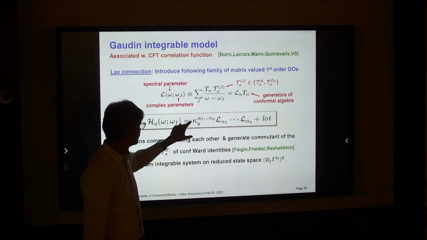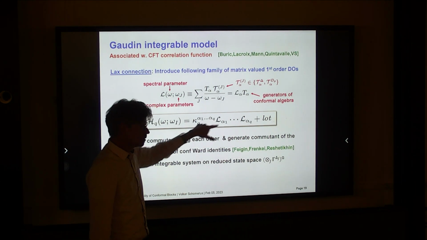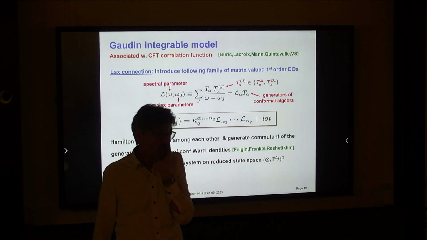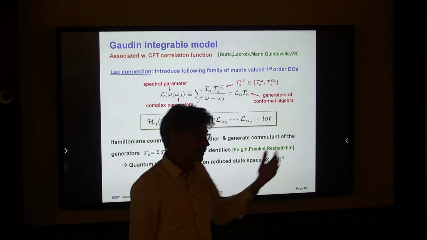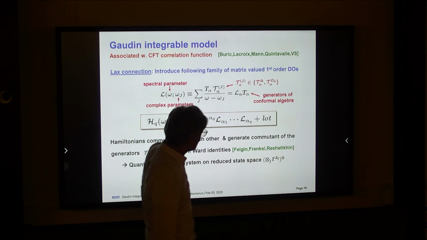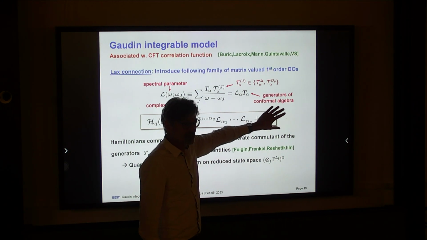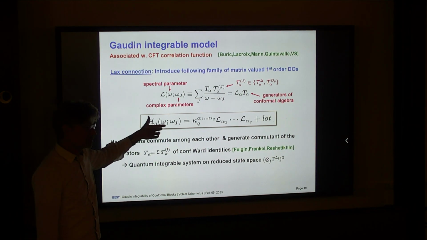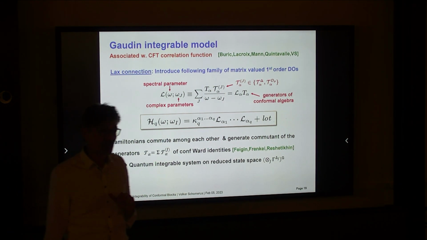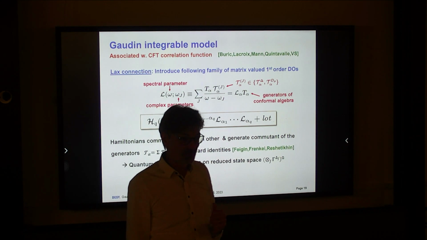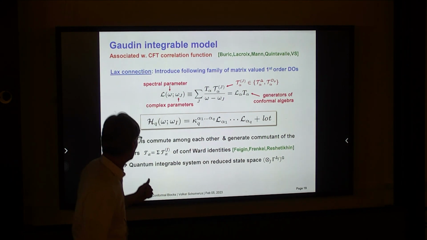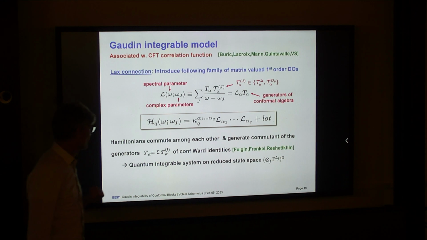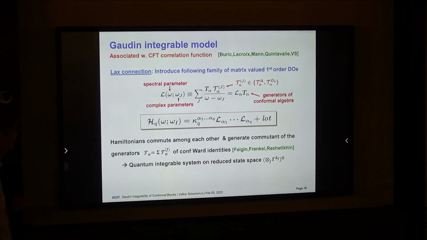You can contract the indices with the invariant tensors of the conformal group, like second order, fourth order, whatever. Then you can also find lower order corrections such that these actually form a commuting family of Hamiltonians, for any choice of w_j and respective parameters.